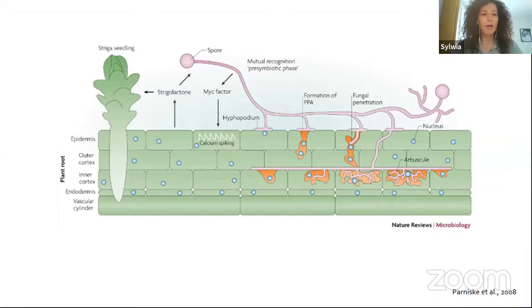Well, parasitic plants likely evolved by hijacking this signal between the AM fungus and the plant and turning it into a germination stimulating signal, to ensure that the host plant is nearby and that they can survive after germination.